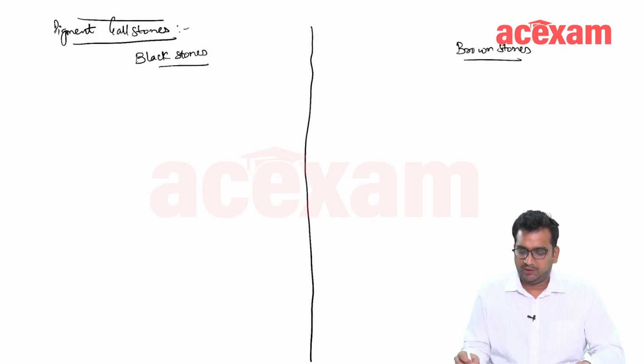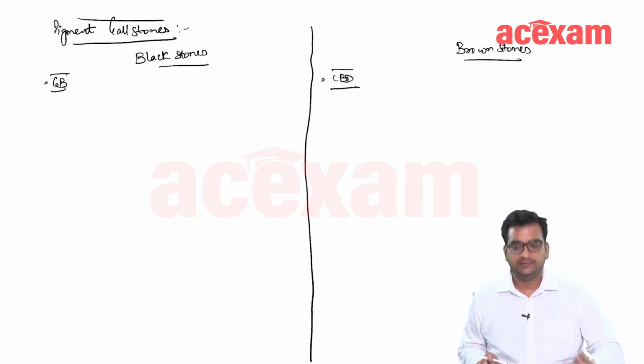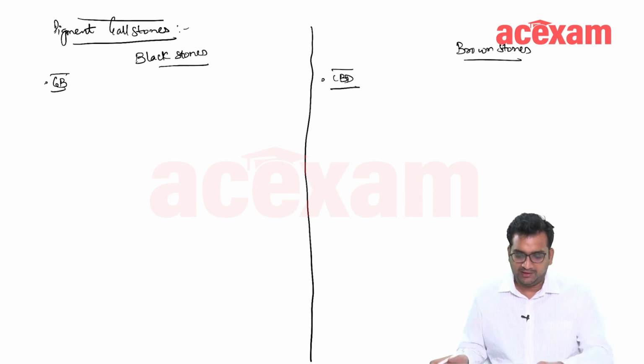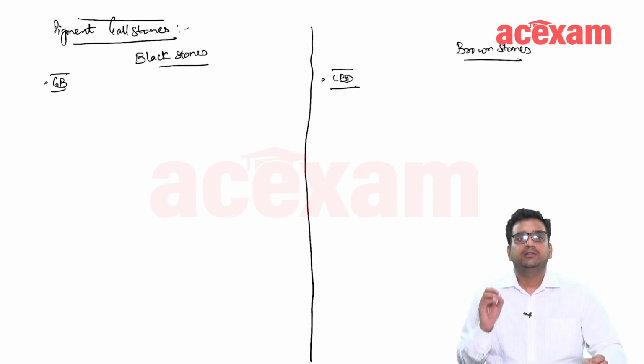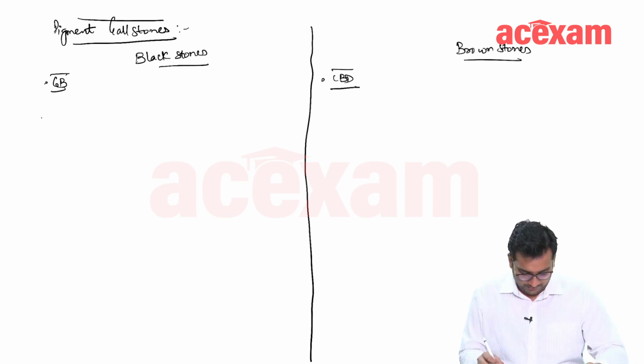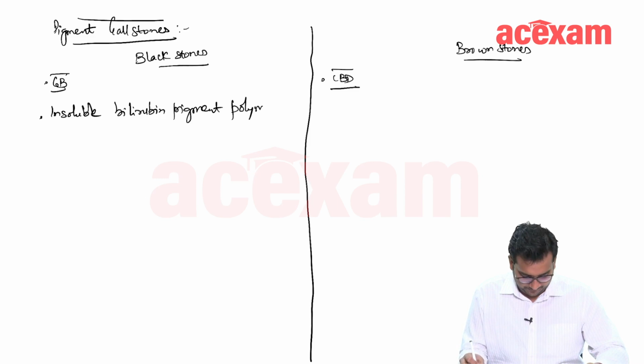Mainly, the brown stones are seen in CBD, black stones are seen in gallbladder. Now, in black stones, there is insoluble bilirubin pigment polymer of calcium phosphate and calcium bicarbonate.